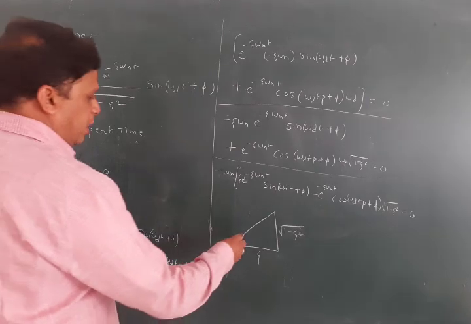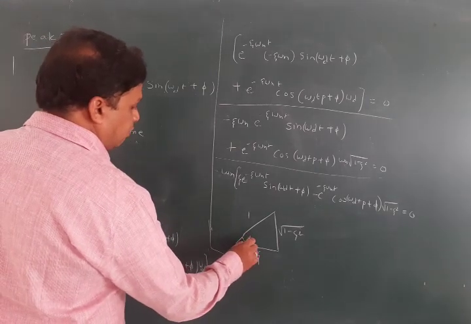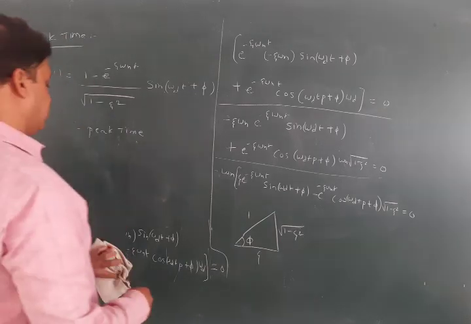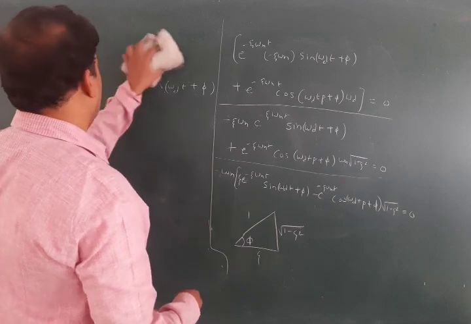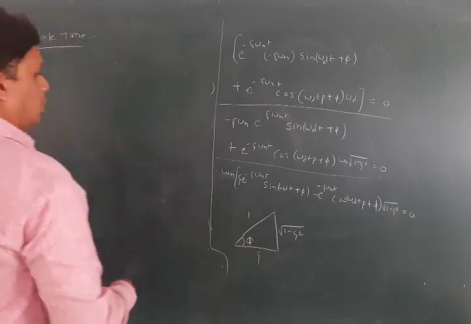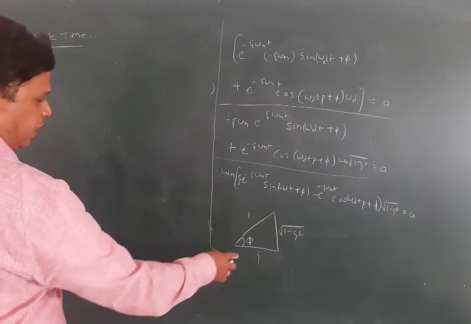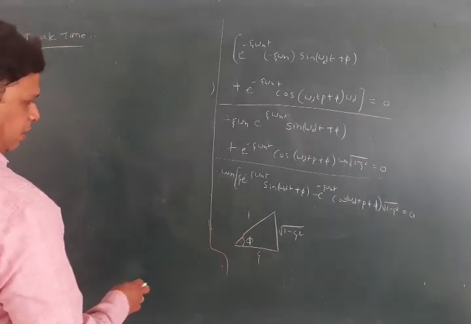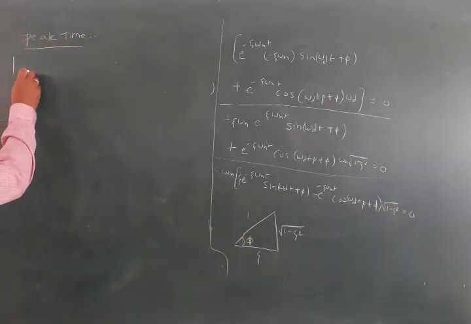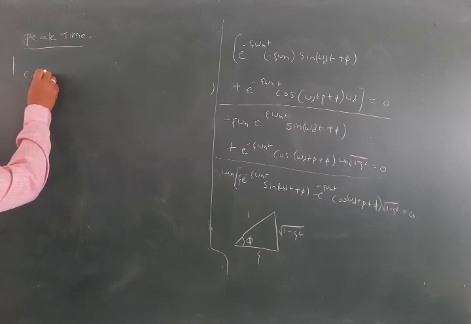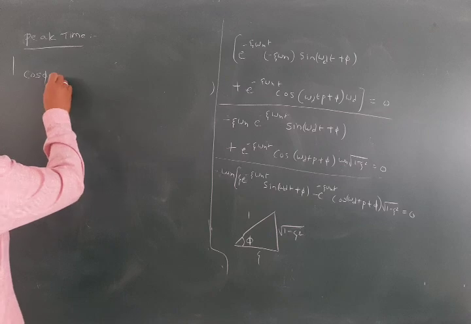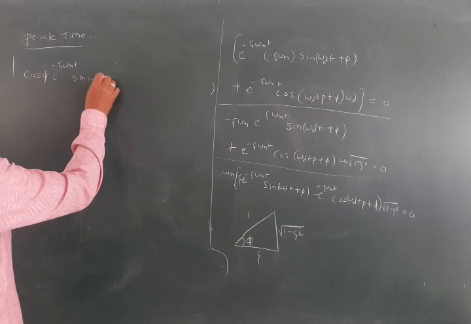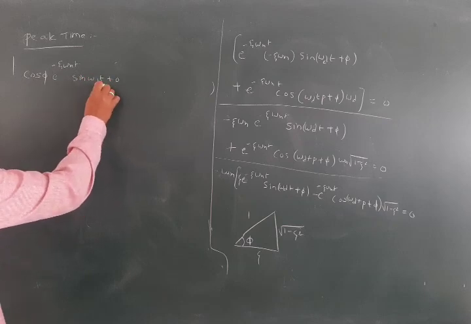So here sin theta and cos theta you will find. Sin phi. Okay, now I will write these values. Instead of zeta, what we write here is adjacent side to theta by hypotenuse, so cos phi. Cos phi into e^(-zeta omega_n t) into sin(omega_d t + phi) at t equal to Tp.